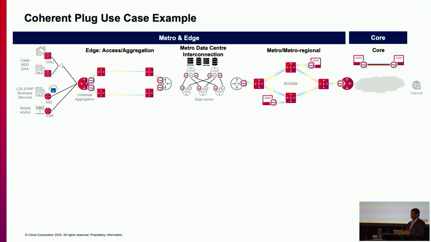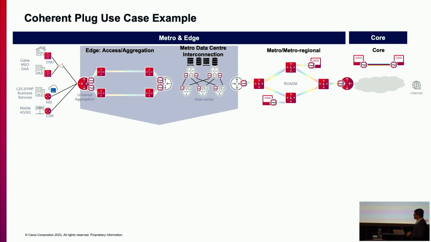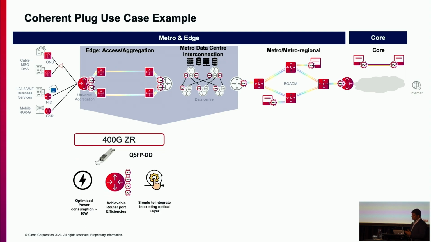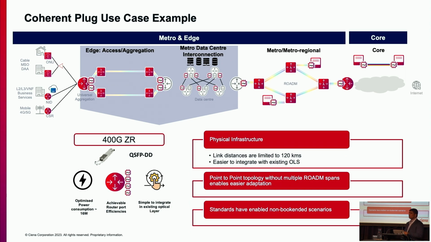Let's try to understand how these trends are going and how these different coherent plugs or the performance optics are adapted to different parts of the network. Starting from the edge and the access. We see the architecture is very simple, point-to-point, hub and spoke, mostly on the data center side, with the physical infrastructure in the range of 100 to 120 kilometers.